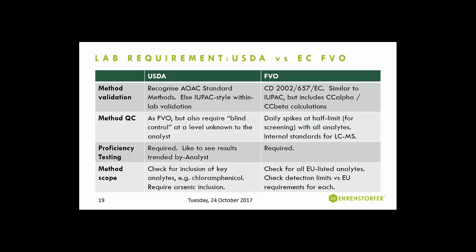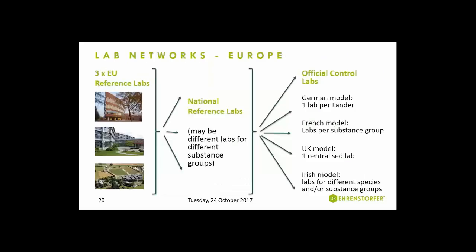This is because in years past, some arsenic compounds had veterinary drug approval in America. The EU has a more prescriptive approach to method validation, but generally gives a much greater emphasis to checking that all of the listed analytes are included in the test methods and have been validated at the required detection levels.